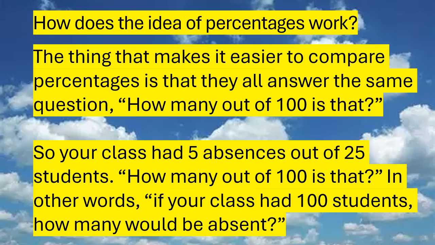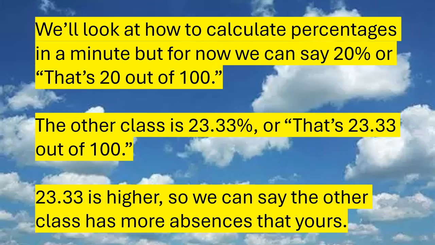In other words, if your class had 100 students, how many would be absent? We'll look at how to calculate percentages in a minute. But for now, we can say 20%, or that's 20 out of 100. The other class is 23.33%, or that's 23.33 out of 100. 23.33 is higher, so we can say the other class has more absences than yours.